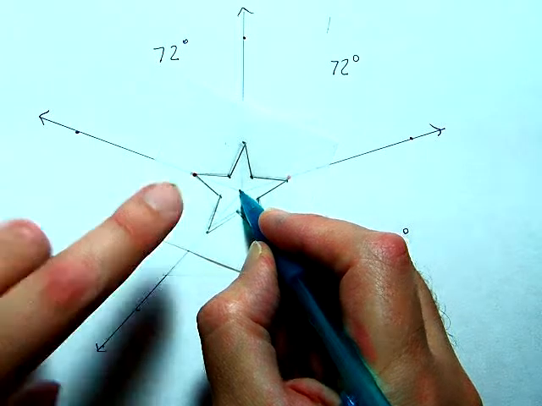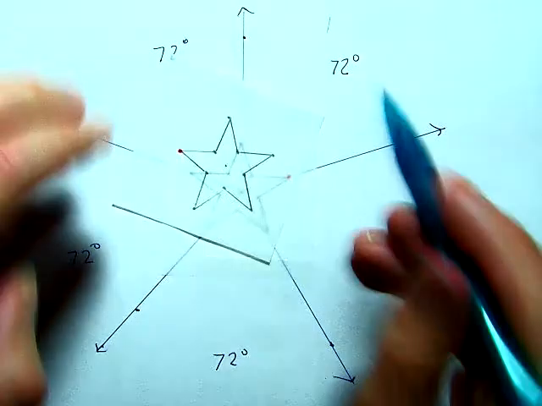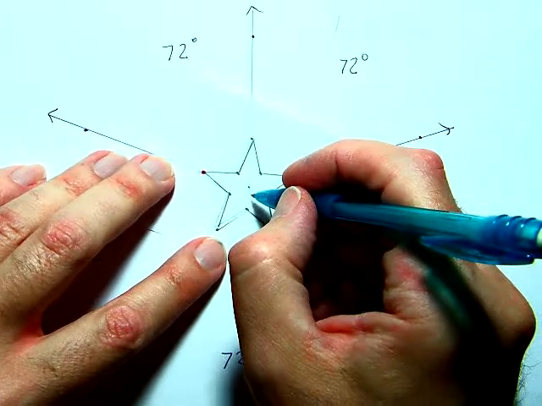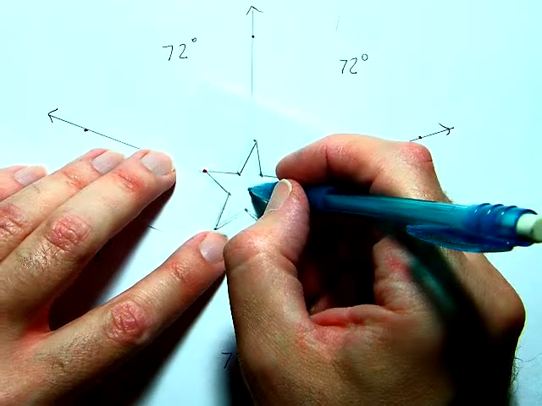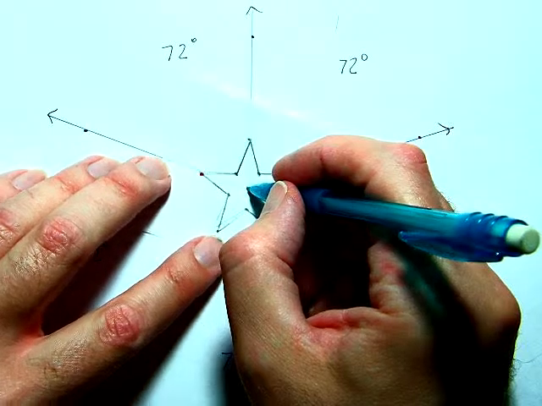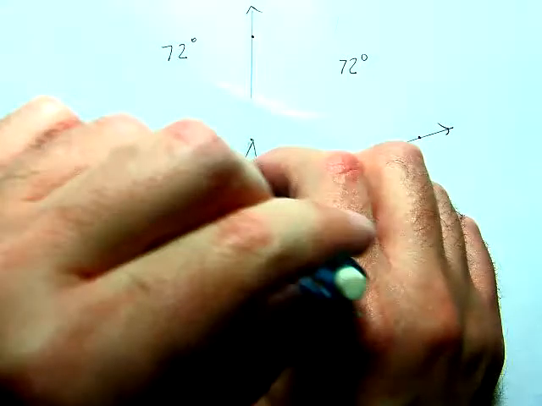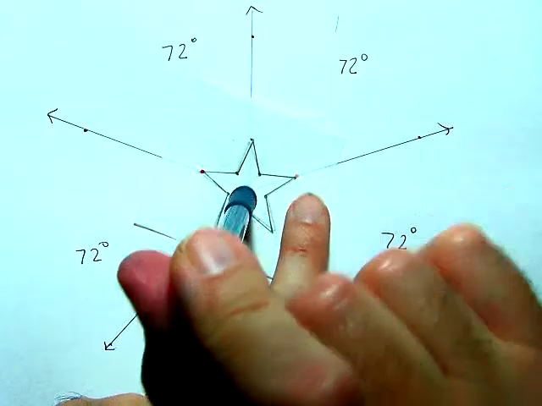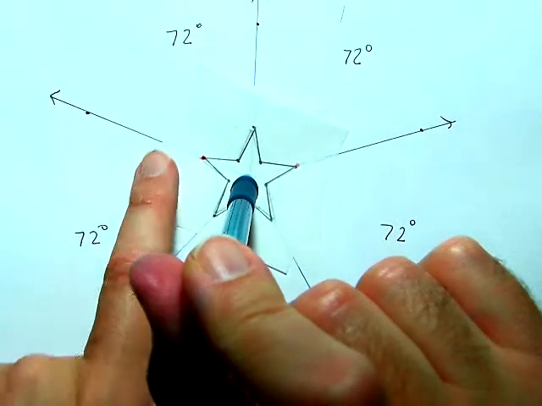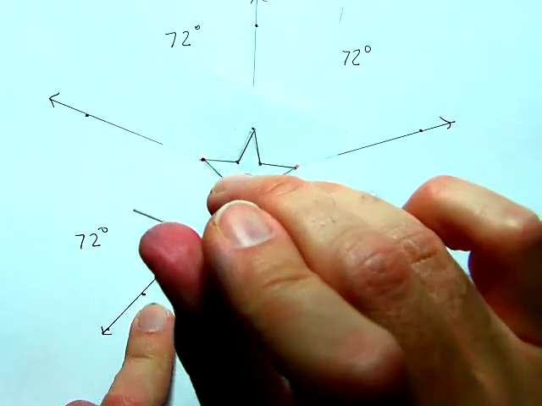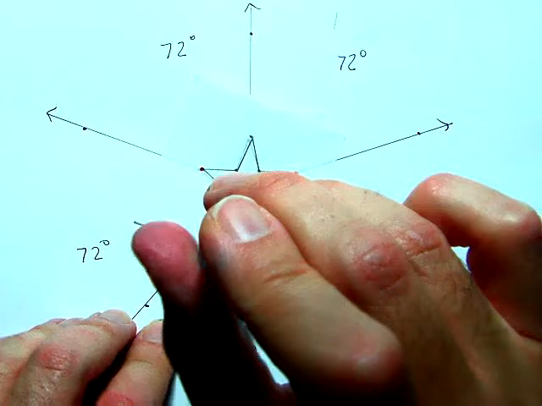The red dot is now over there. The original red dot was here, and now the red dot moved to here. So we've moved 72 times 2, or 144 degrees.